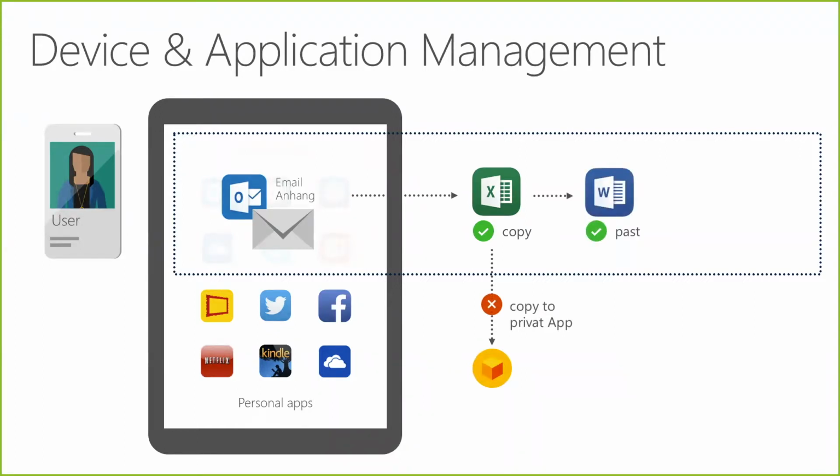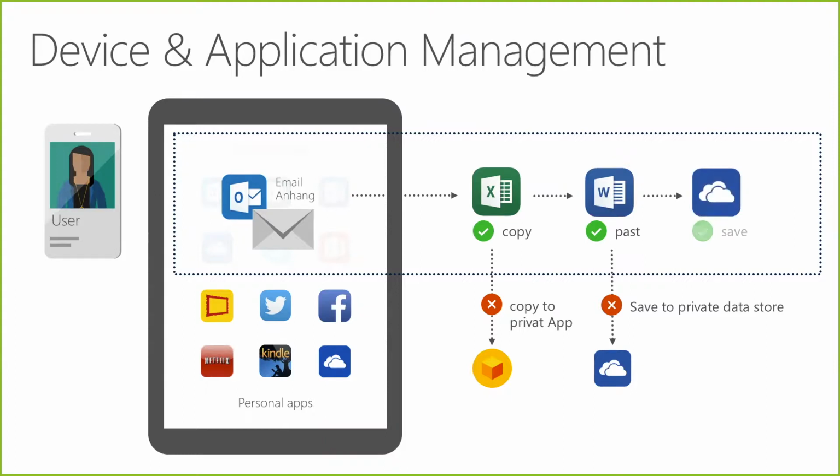Say, okay, let's do a trick. I copy and paste the Excel into my Word, which works because Excel and Word are both managed. And then I try to save the Word document to my private data storage, let's say my private OneDrive. And even in this scenario, it says no, you cannot. You get an error on your mobile phone or on your iPad or whatever you're using, because private OneDrive is not managed.